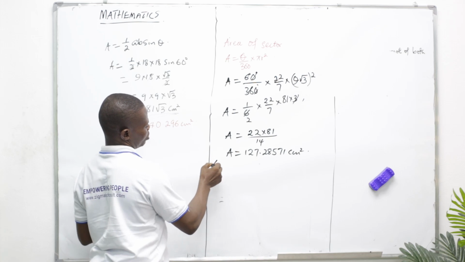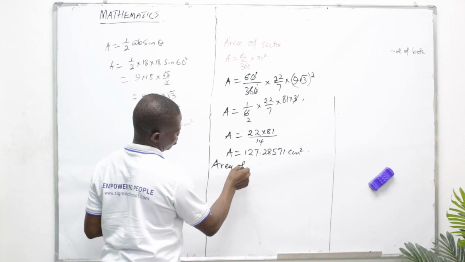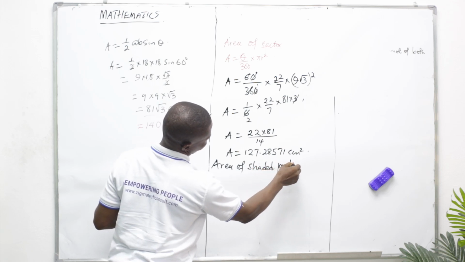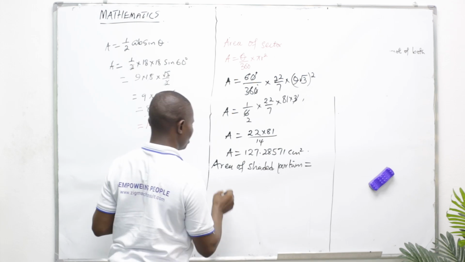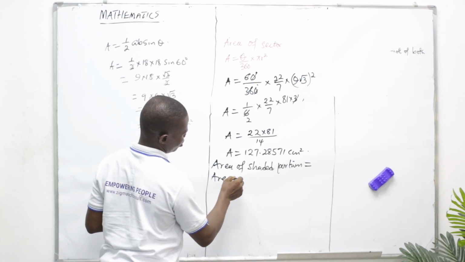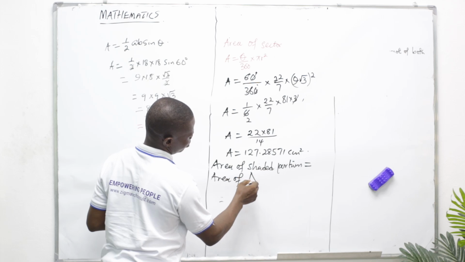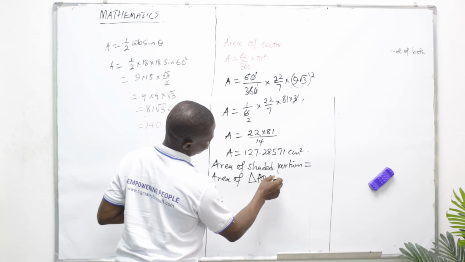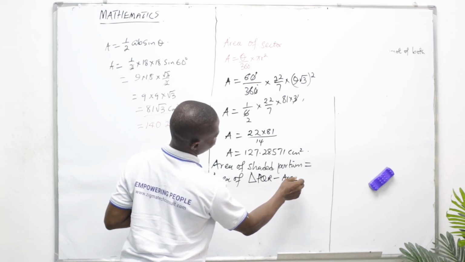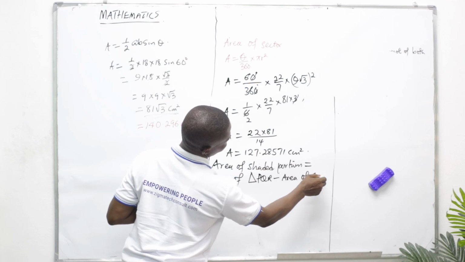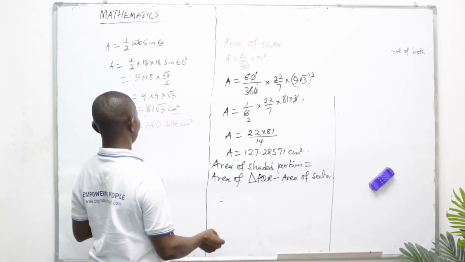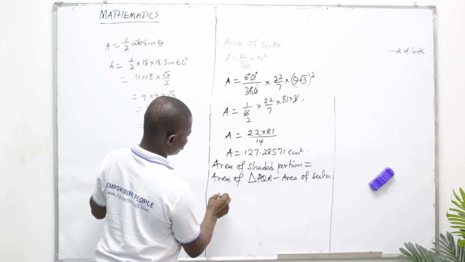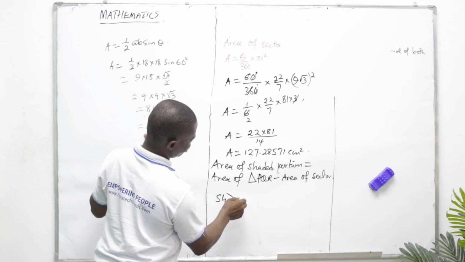Now, the area of the shaded portion equals the area of triangle PQR minus the area of the sector.